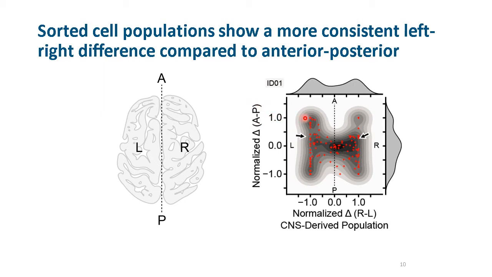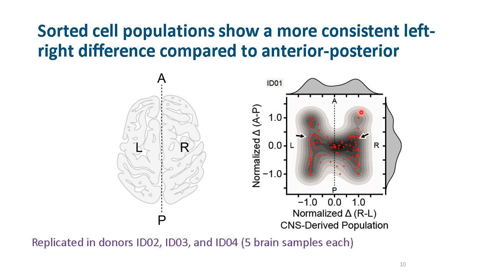As we can see here, there's a continuous y-axis change, but we can see nothing at the x-axis, which means that the left-right split in the human neocortex seems to be happening way before the anterior and posterior distribution.